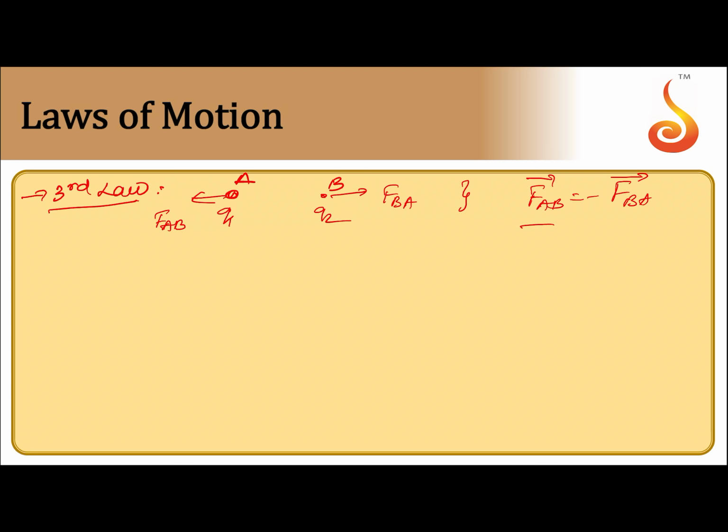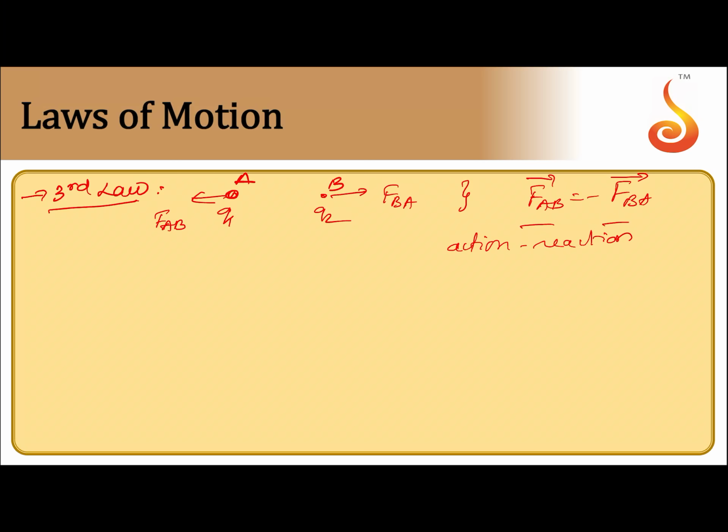These are generally known as action-reaction pairs, but you don't know which is action, which is reaction. There is nothing like one is action and the other is consequence. Both of them exist simultaneously. And also remember that the action and reaction always act on different bodies. That's right. Good.